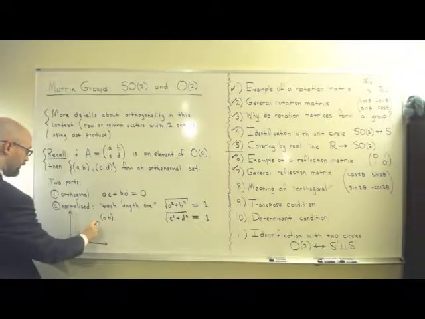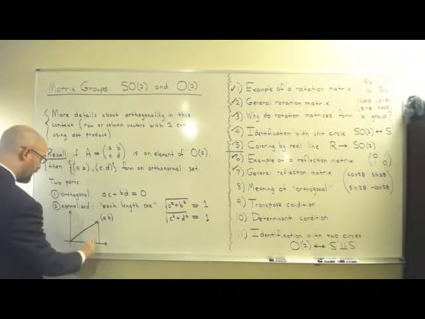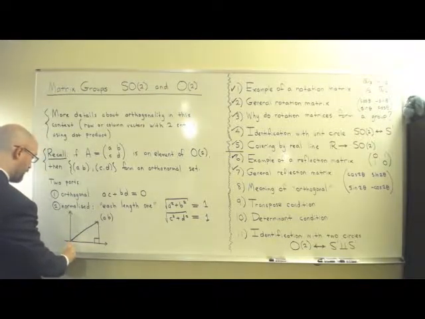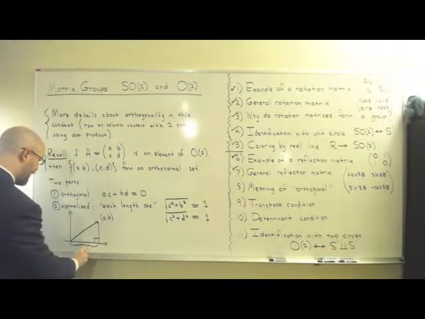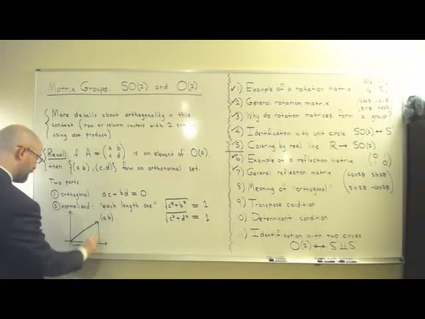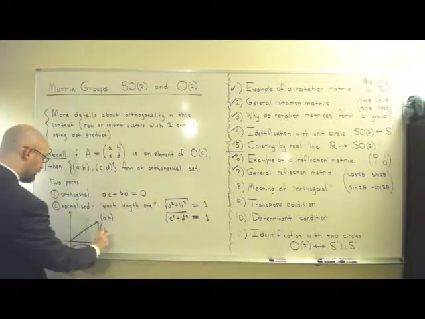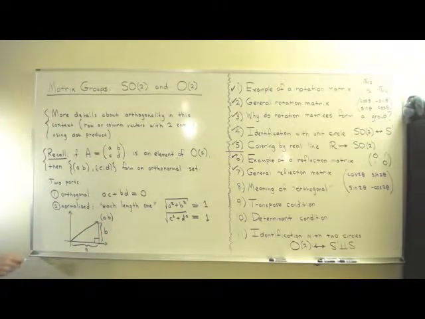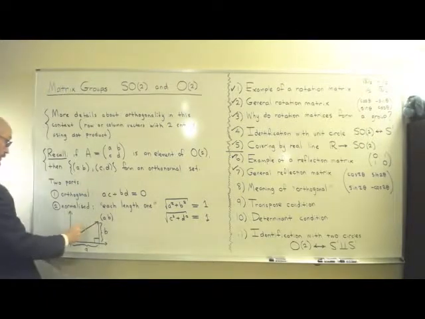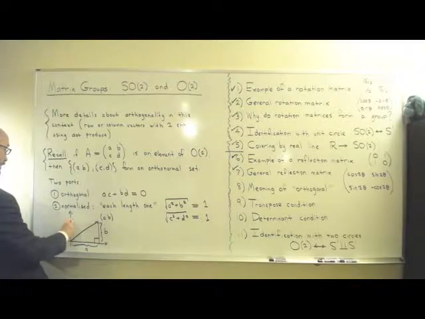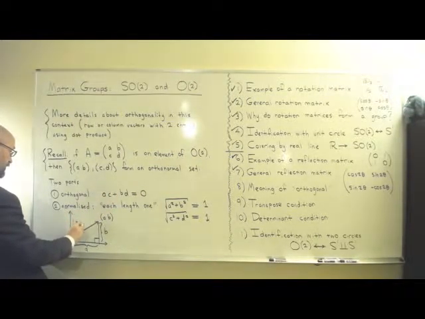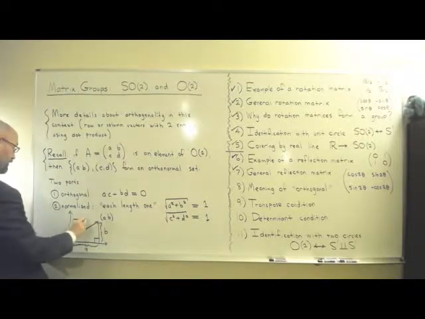If I drop a perpendicular line here, there's a right angle there, and this distance here is A, and this distance here is B. You know from the Pythagorean theorem that this distance here is the square root of A squared plus B squared.